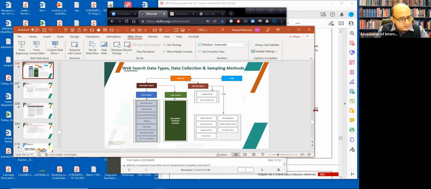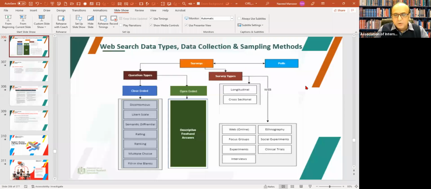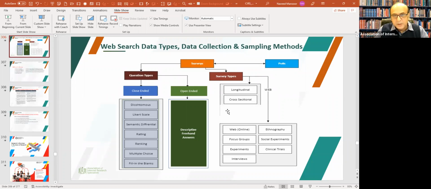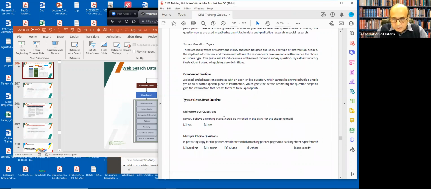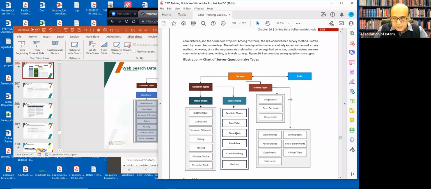Occasionally in cross-sectional surveys, you do make adjustments, especially in ethnographics or scenarios where you are more of an observant, and you make changes to the questions based on the outcome of previous questions.